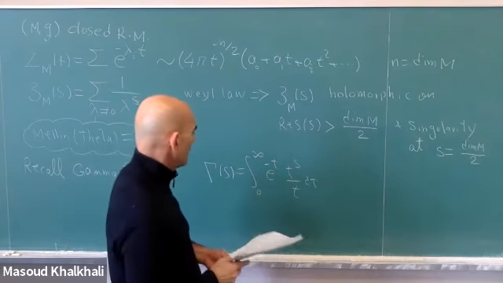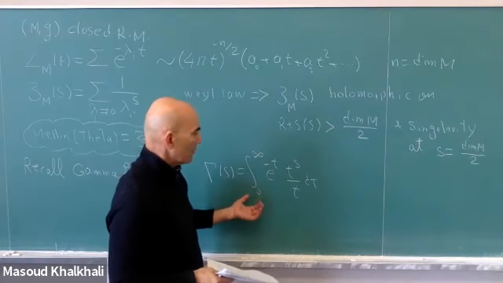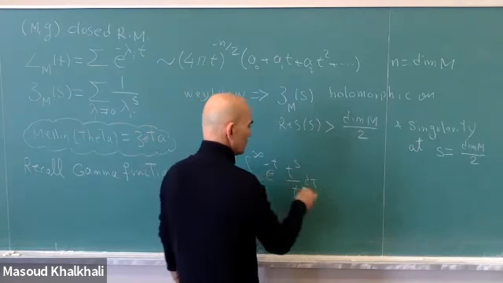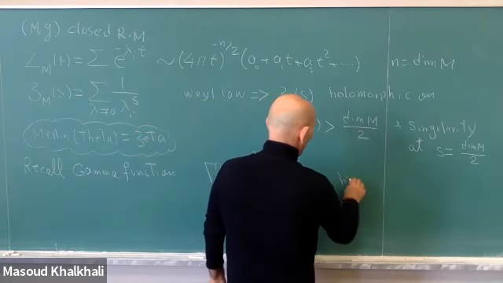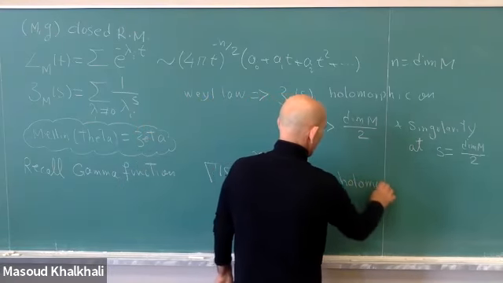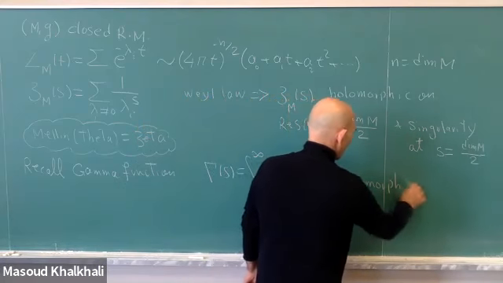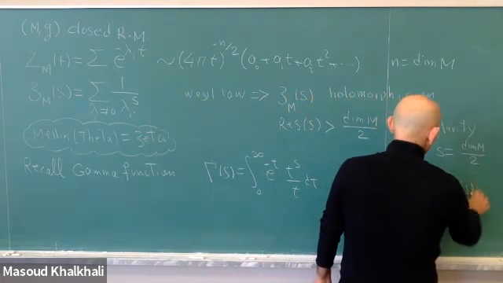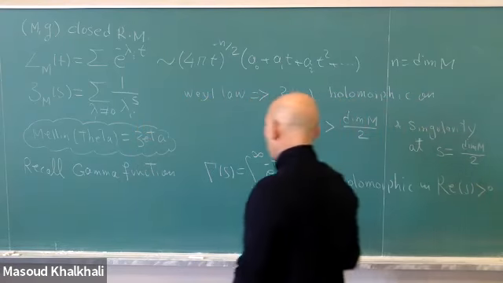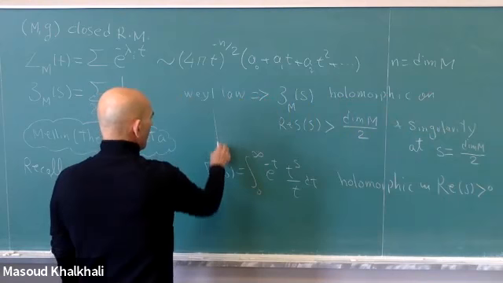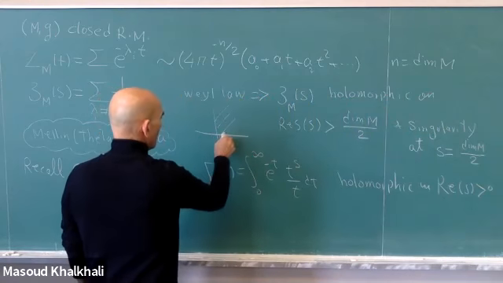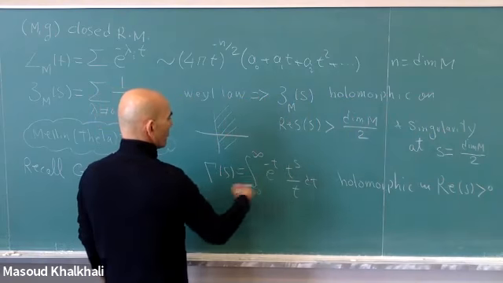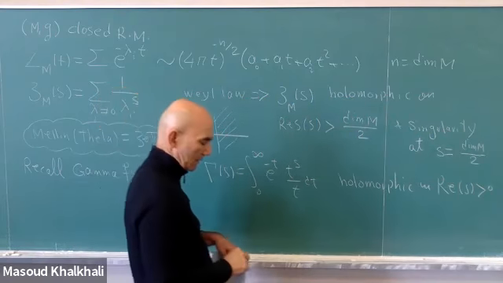And I said that it's very easy to see that this function is holomorphic for real part of s positive. So this is elementary to see. Holomorphic in real part of s positive. So at least on this right half plane, this is a nice holomorphic function defined for all values.